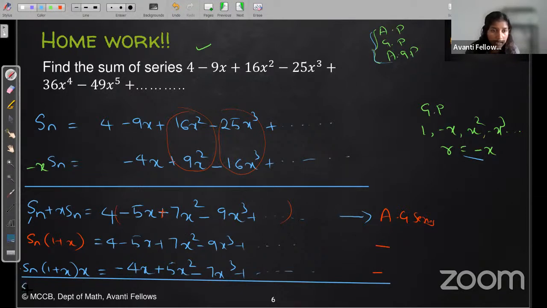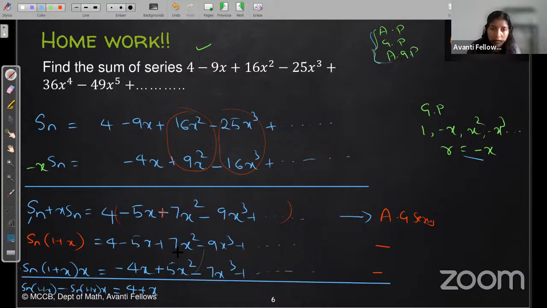It's going to be Sn 1 plus x minus Sn 1 plus x into x, equal to 4 as it is, minus 5x. Minus of minus 4x will be what? Yes, it will be plus x, right? Correct? Now, next term.